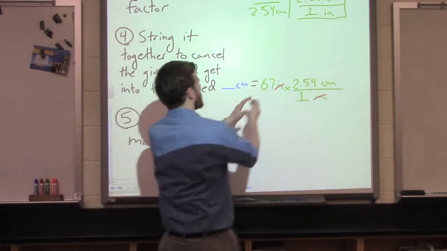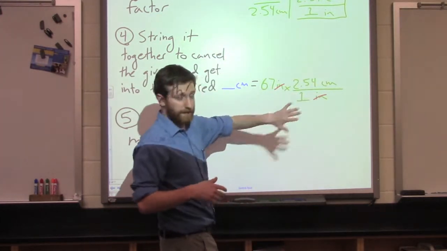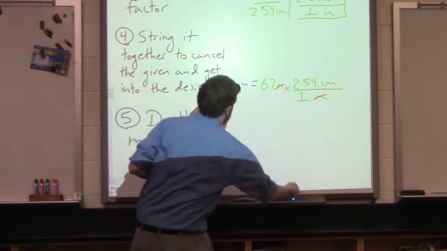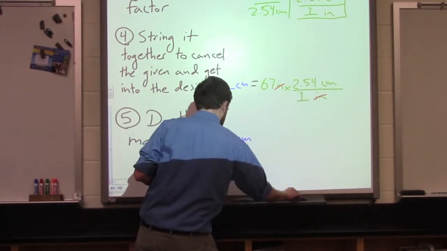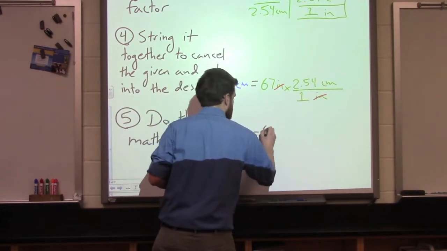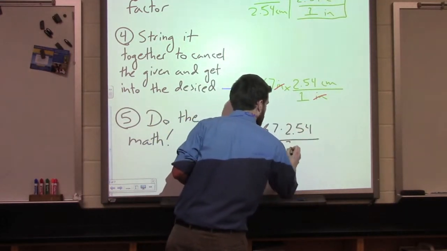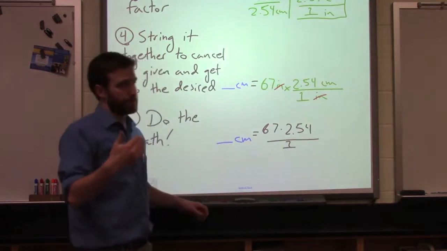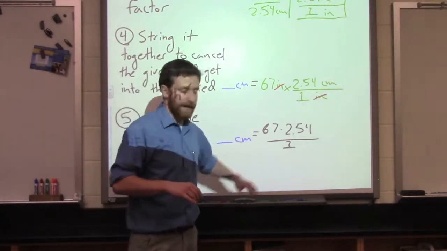So I'm going to just take this whole thing, multiply my numerators, and divide by my denominator. Mathematically, that looks like some number of centimeters equals 67 times 2.54 all over 1. We know anything multiplied or divided by 1 is itself, so really I could forget about that 1.